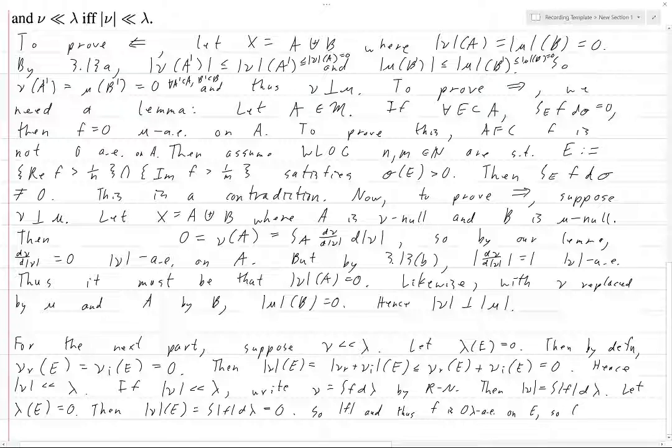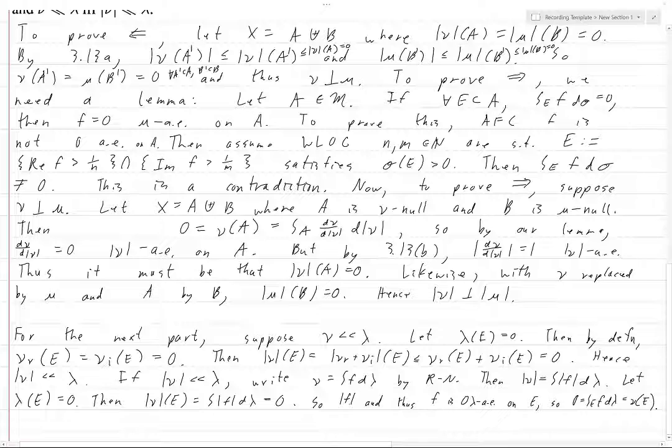So 0 equals integral over e of f d lambda. I wrote a mu, that should be a lambda. That's just nu of e. Okay, there we go. I was able to fit it. So nu of e equals 0. So we know that if lambda equals 0, then nu e equals 0. And so nu is absolutely continuous with respect to lambda, and that proves this direction. And so we have finished the proof.